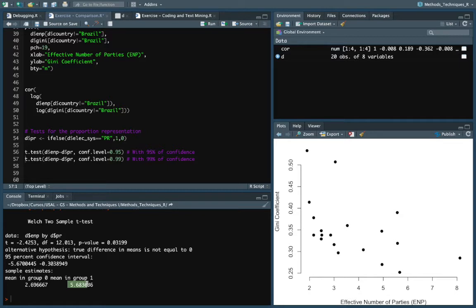This is huge, isn't it? There is almost a difference of three in terms of number of parties.